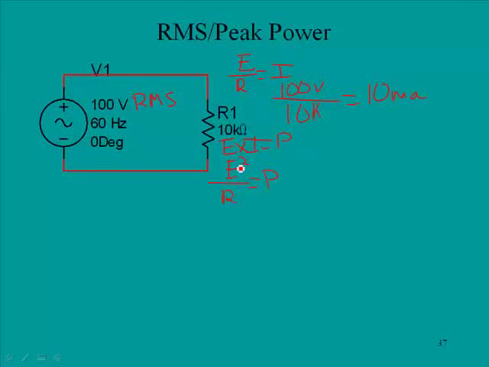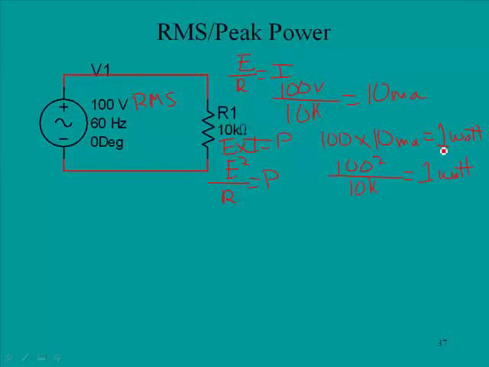We could use either formula. At any rate, let's calculate the power. 100 volts times 10 milliamps gives us 1 watt. And if we took 100 squared divided by 10K, again we would get 1 watt.